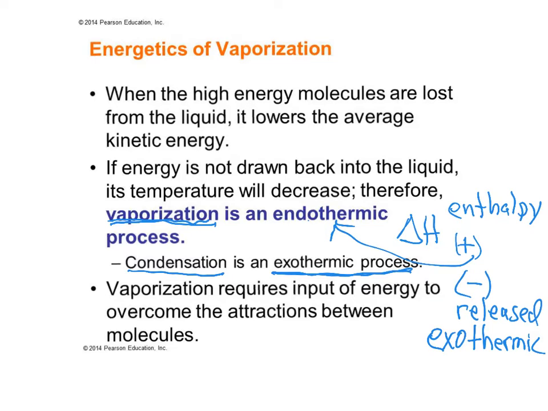And so that's exothermic. They release their energy. Whereas when you heat up a liquid, the energy is absorbed, and that energy gets converted into kinetic energy, which can bust free from the intermolecular forces that hold them together.